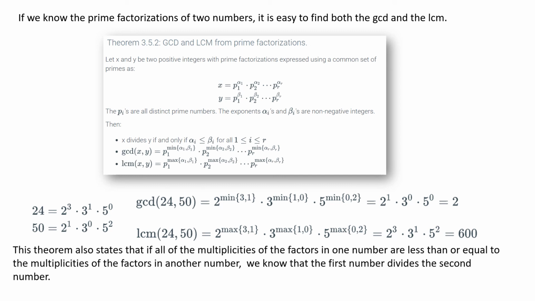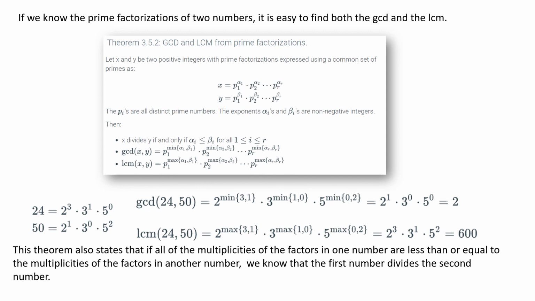And this theorem also states, in that first little note, that x divides y if and only if the alphas are less than or equal to the betas. So let's look and see.